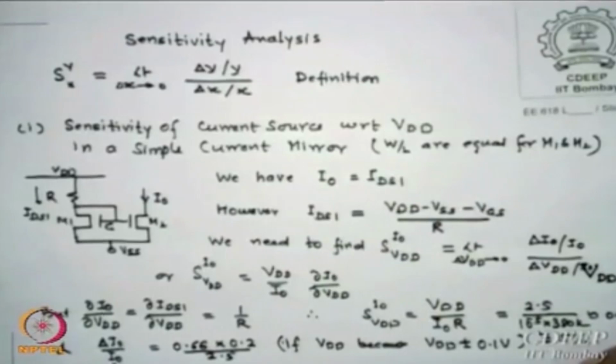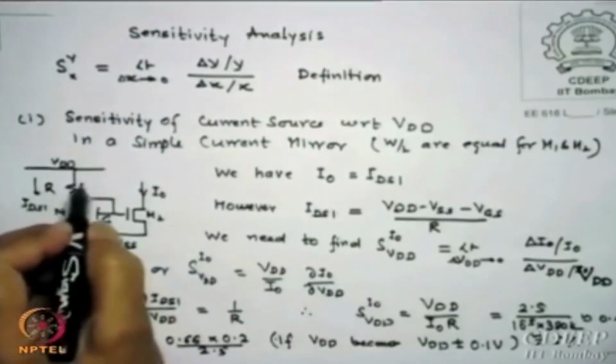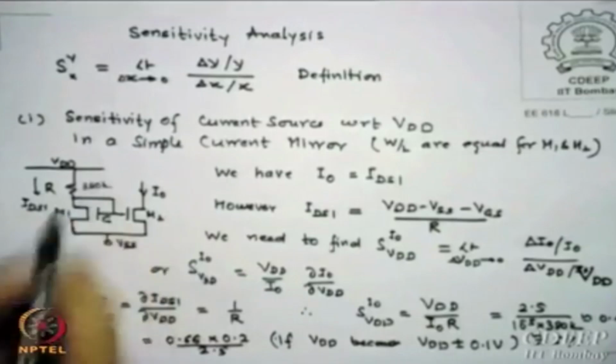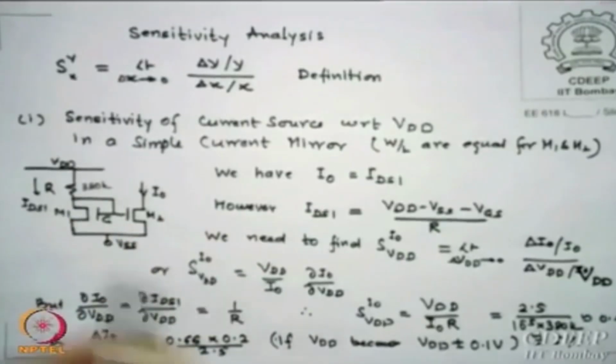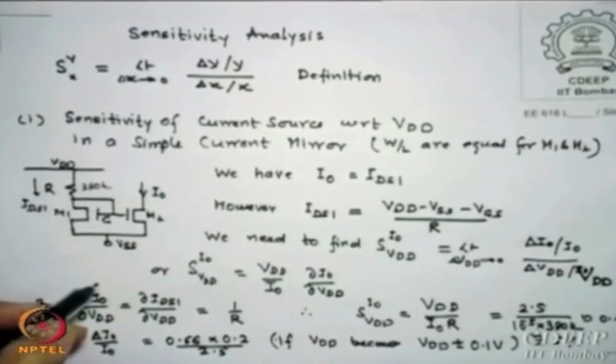Delta I0 by I0, if we look at it, I substitute some values, but first let us look at this. This is VDD0 by I0R, and the value which I last time used probably is R is 380K for a 5-volt supply. 5-volt means 2.5 VDD and minus 2.5 VSS, so the net is 5, is that clear?